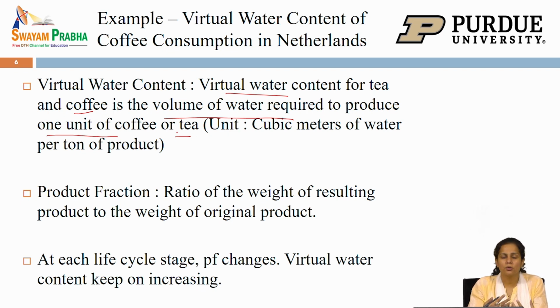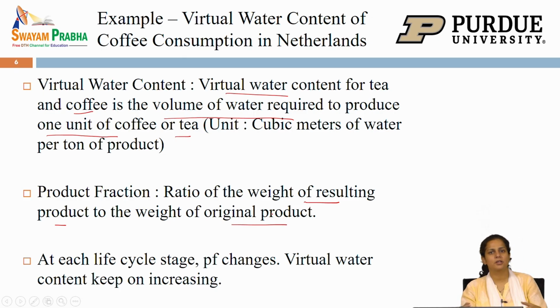When you are going through a separation process, the weight of the final product is not the same as the weight of the initial product, because there is some separation and some waste generation. Similarly, in the life cycle of production of any product, as we go forward, there is a product fraction that we can define, which is the ratio of the weight of the resulting product to the weight of the original product.